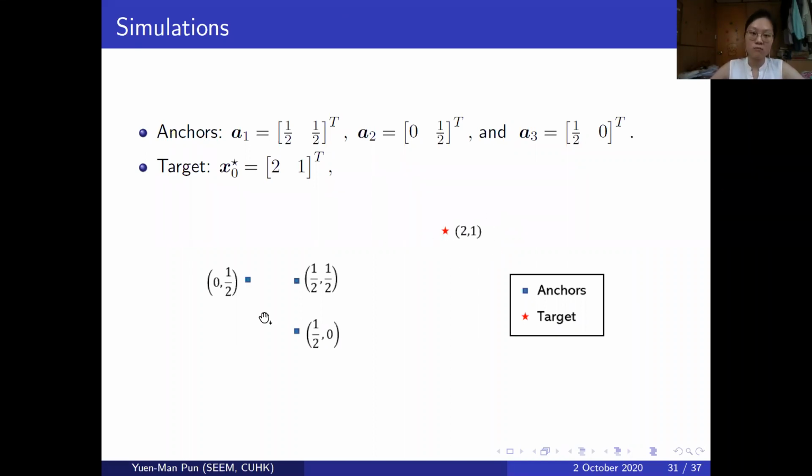So it's not close to the anchors, and this is also good for our setting, because we want to avoid differentiability issues. If it is too close, maybe it cannot be differentiable. So this 2, 1 is far away from the anchors.